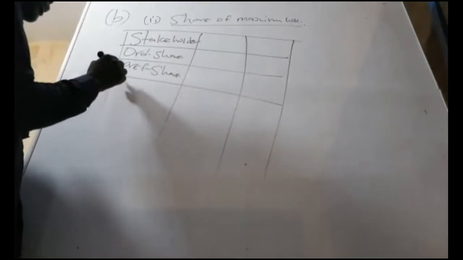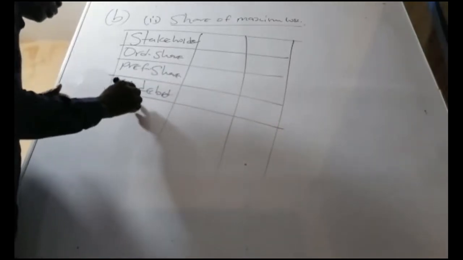Ordinary shareholders. Preferred shareholders. 15% debenture holders. Bank overdraft. Trade payable.